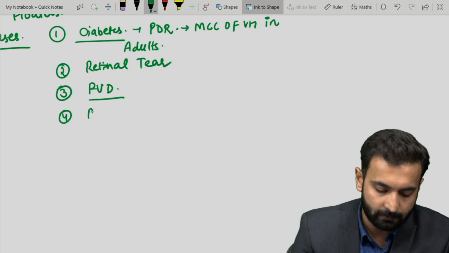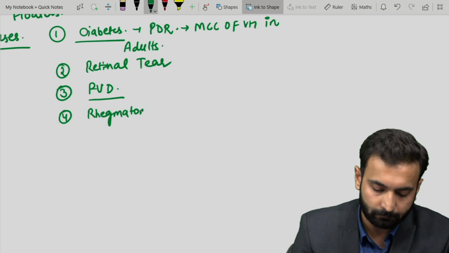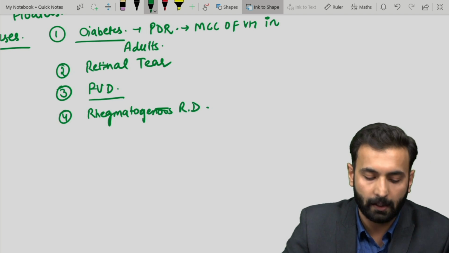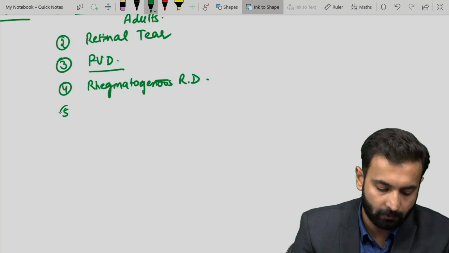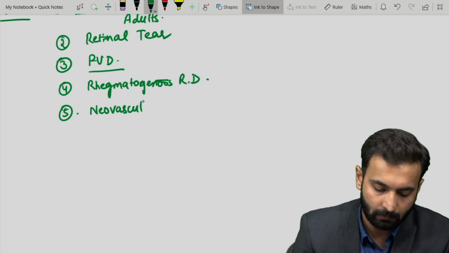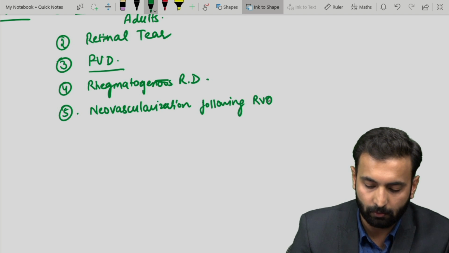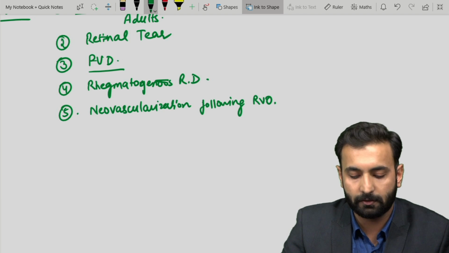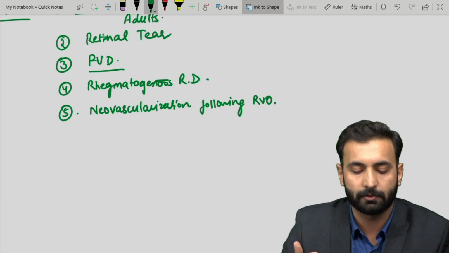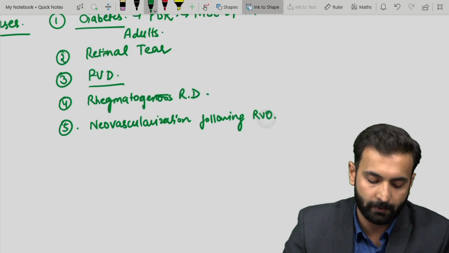Fourth cause is rhegmatogenous RD. Fifth cause is neovascularization following retinal vein occlusions. Neovascularization following retinal vein occlusion can lead to vitreous hemorrhage.